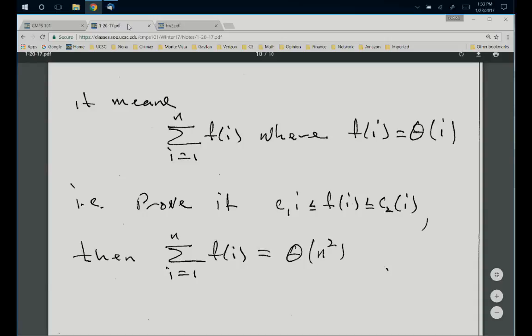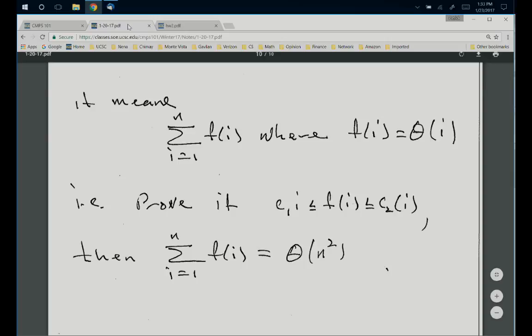If and only if, for all positive c, there exists n naught, positive, such that for all n greater than or equal to n naught. Well, let's take this inequality and do one thing to it. Divide all terms by g of n.